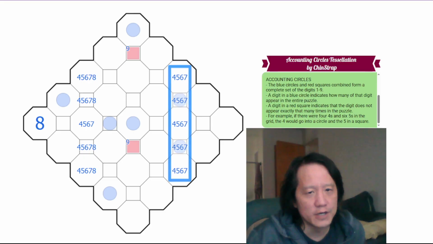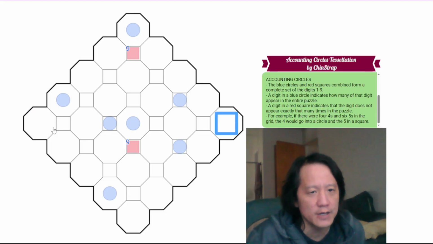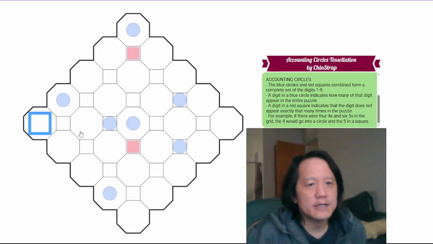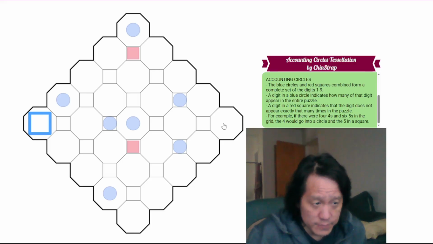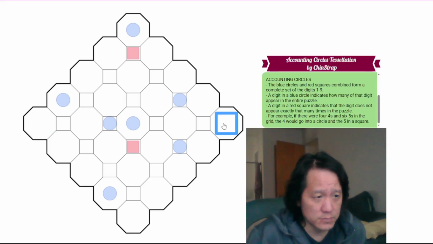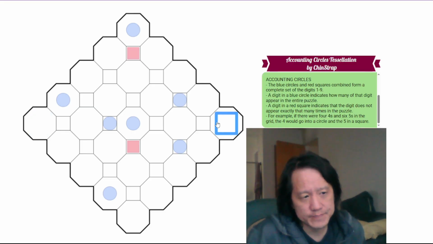columns 1 and 9. It has to be in one of 1 or 9, but because there's no 9, sorry. 8 has to be in one of these cells for column 1 or column 9.